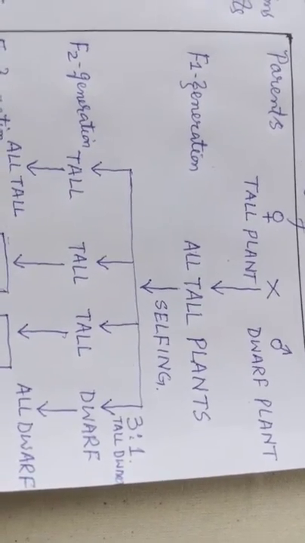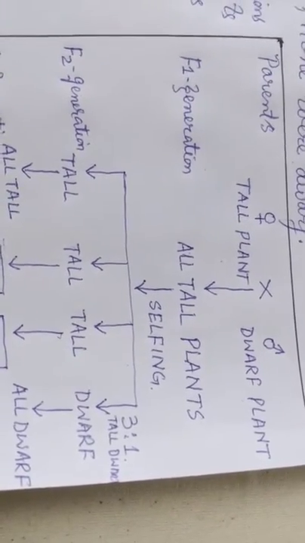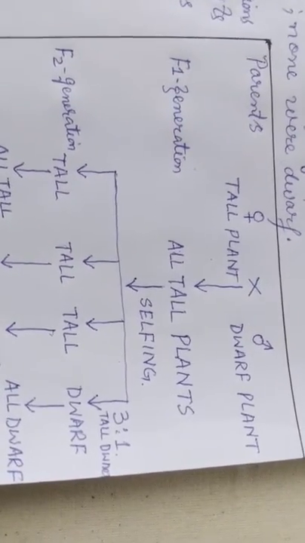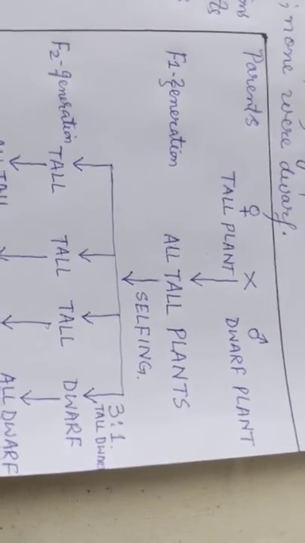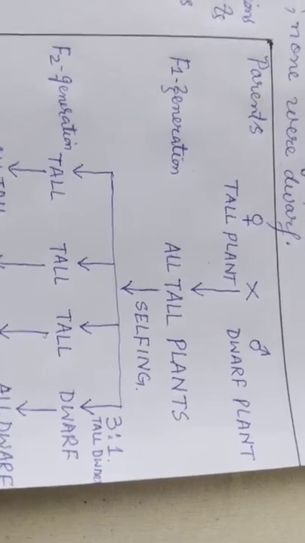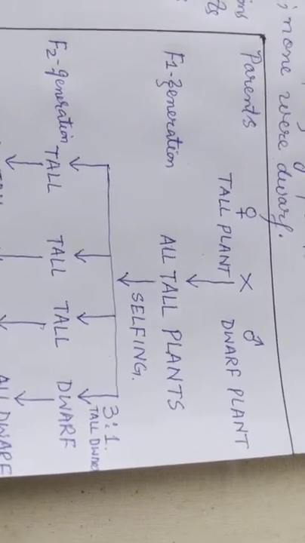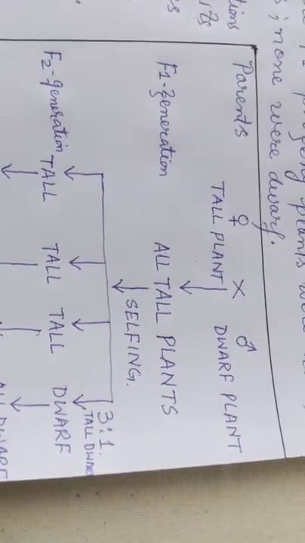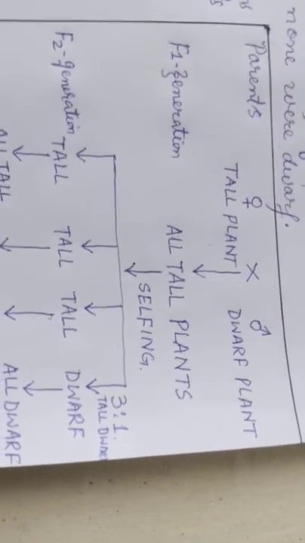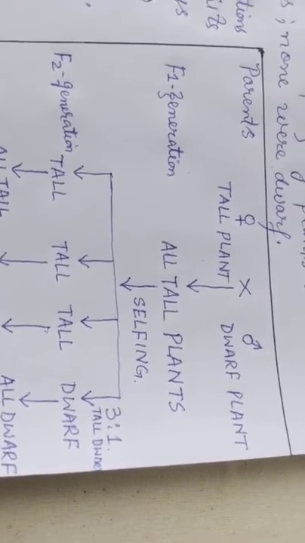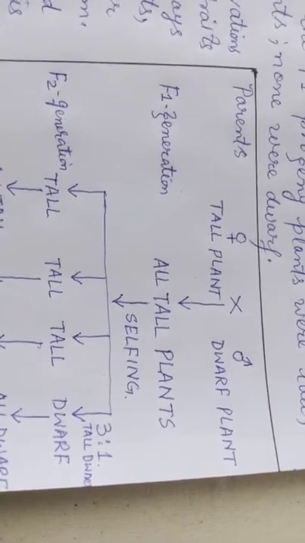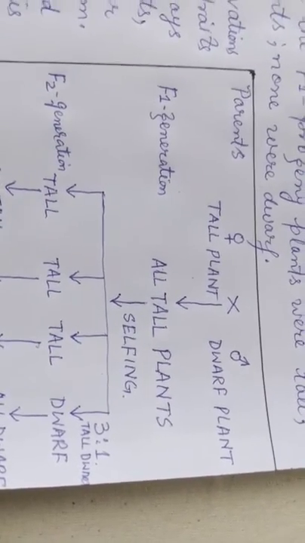This was the F2 generation, produced by selfing the F1 generation, all tall plants. And in the F2 generation, the ratio was 3:1. The trait that was not expressed in the F1 generation was now being expressed in the F2 generation in the ratio of 3:1, that is, 3 were tall and 1 dwarf.